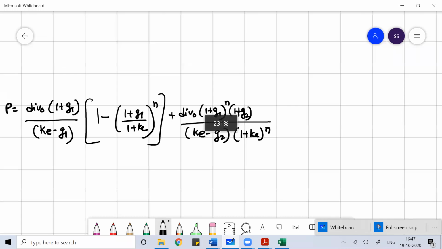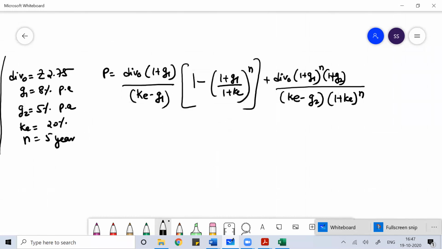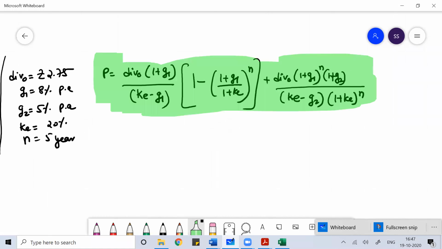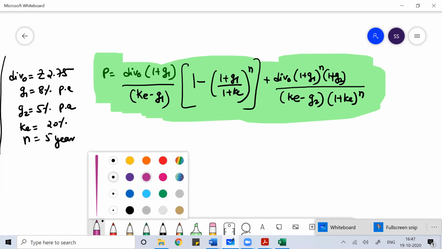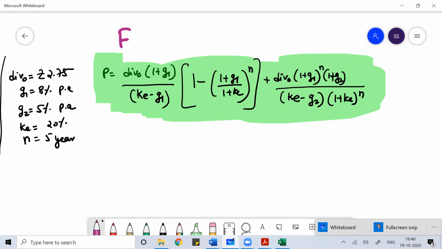You have to remember this formula. You have to learn this formula by heart. This is the formula for the two-stage growth rate model, so for a two-stage growth rate model, use this formula.